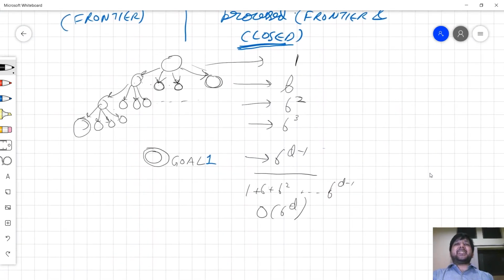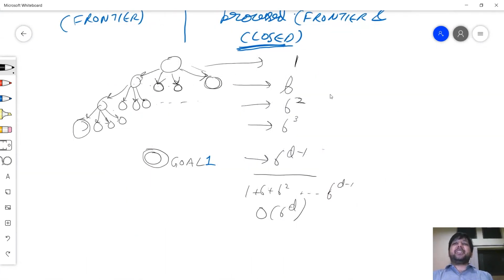If ever in AI somebody asks you what's the complexity of BFS, do not answer this, because in AI, this is infinity. Okay, it's not literally infinity in most cases, but this number is so large that we assume it's infinity. It's not practically possible.